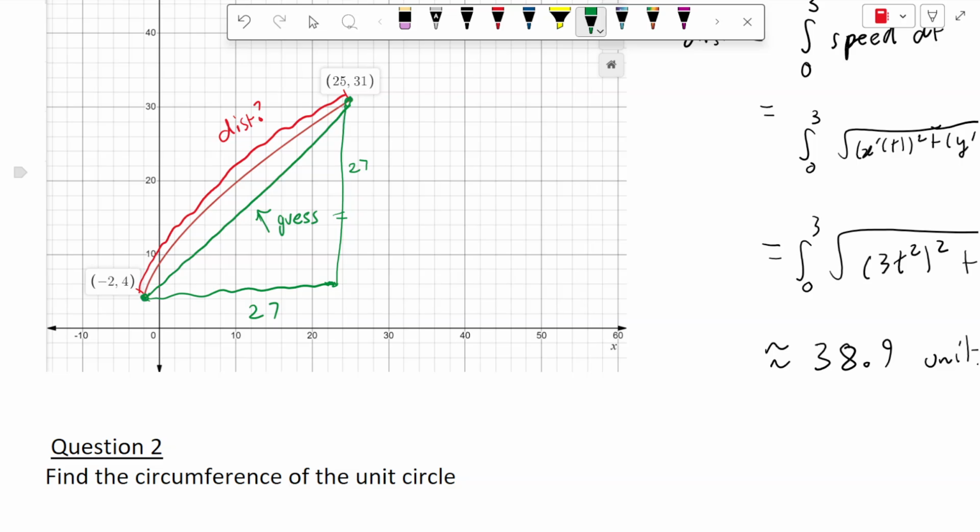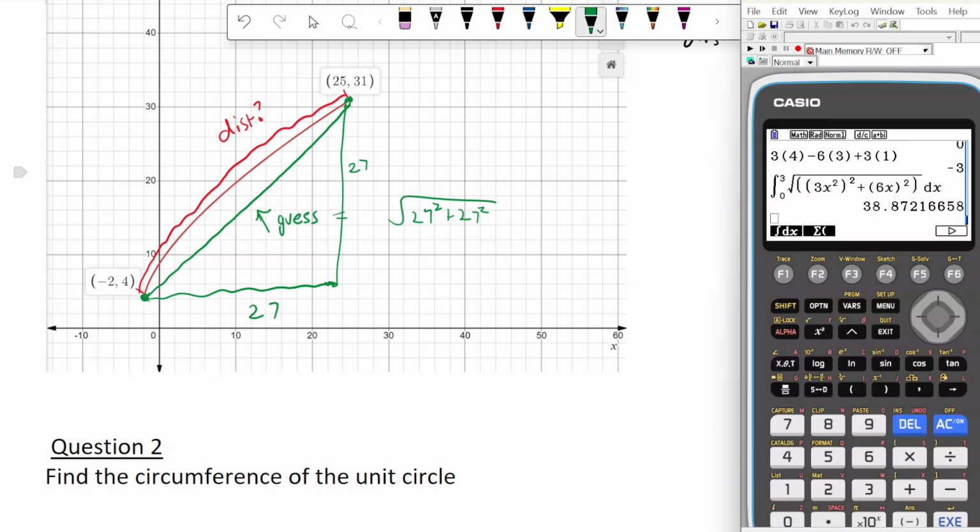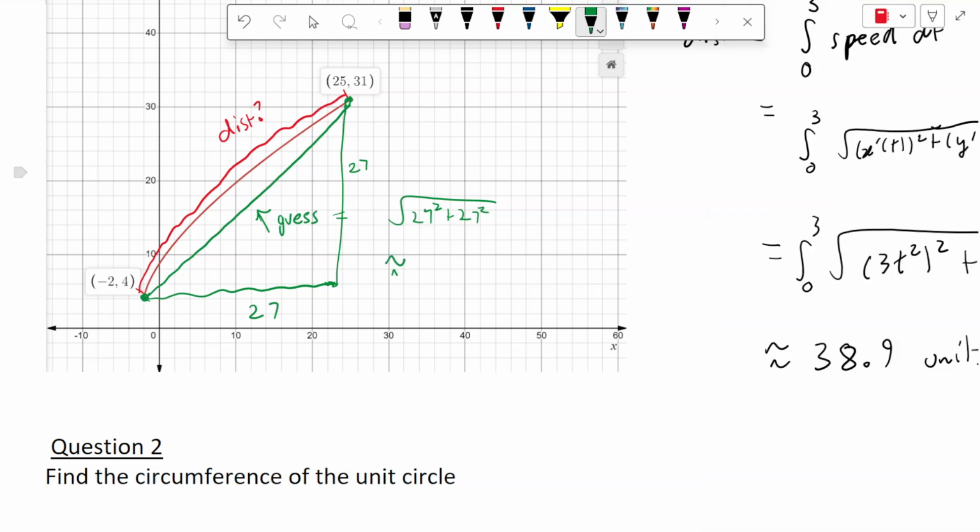That's just a coincidence. So our guess would be the square root of 27 squared plus 27 squared, and that would give us 38.18. So this would be sort of an underestimate, and then this would be sort of the true value.